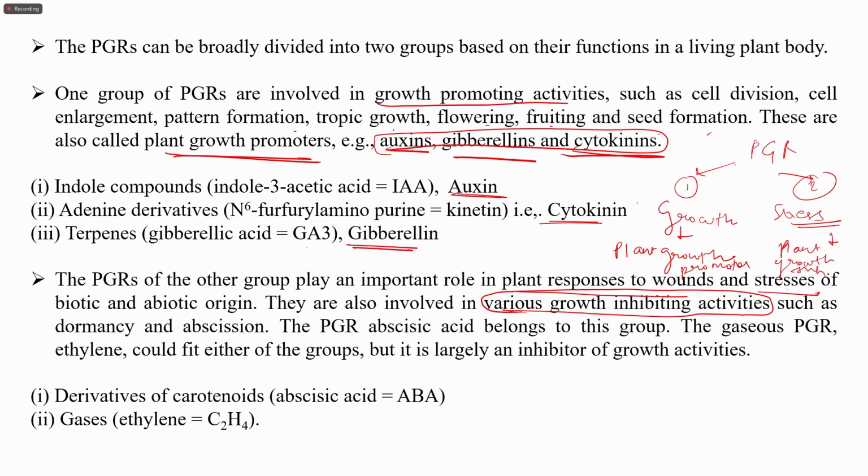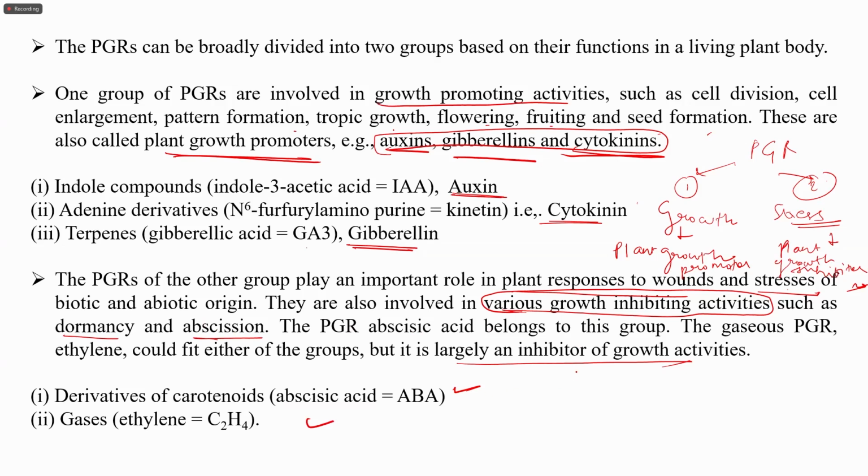This is important. These are the two classes. The second one helps in inhibition, such as dormancy and abscission. The PGR abscisic acid belongs to this group. The gaseous PGR ethylene could fit either of the groups, but is largely an inhibitor of growth activities. The examples include gaseous ethylene and the carotenoid derivative abscisic acid, ABA.